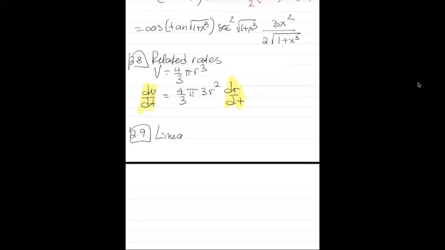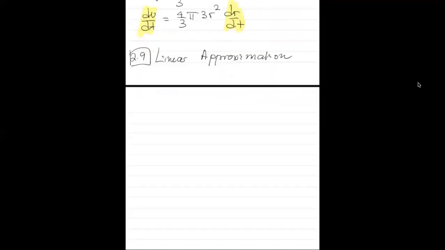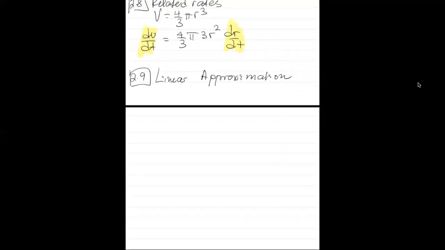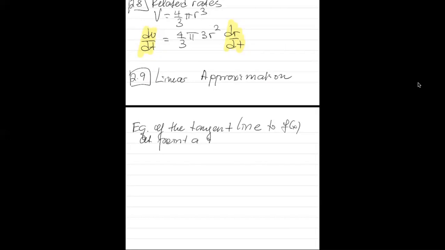Linear approximation. Okay, so we use this method whenever the equation of a graph is very complicated. So we use a line instead to approximate. So the equation of the tangent line to f of x at point a is y equals f of a plus f prime of a times x minus a.